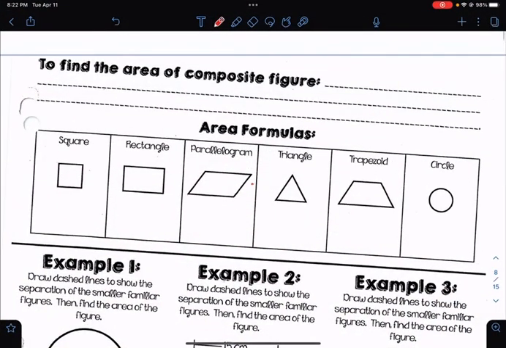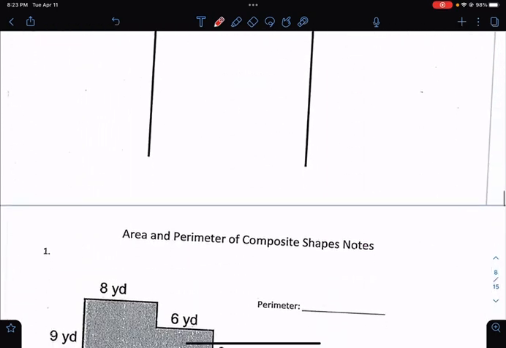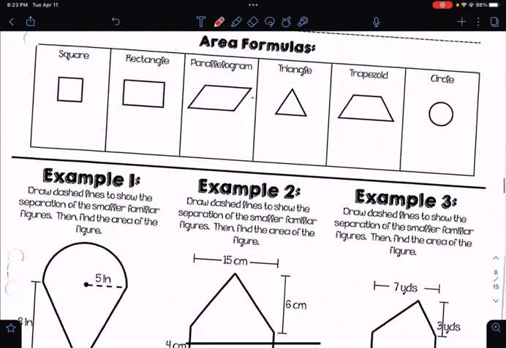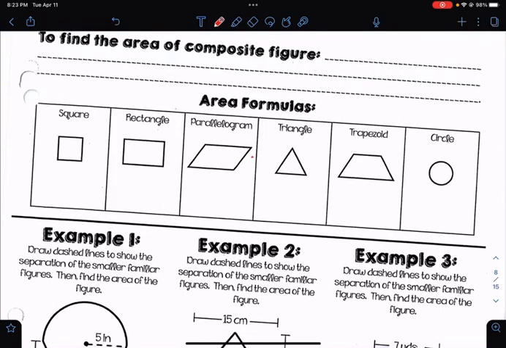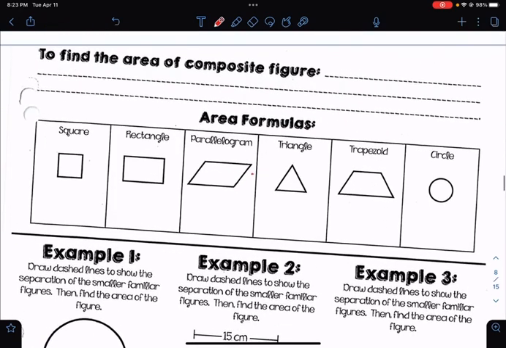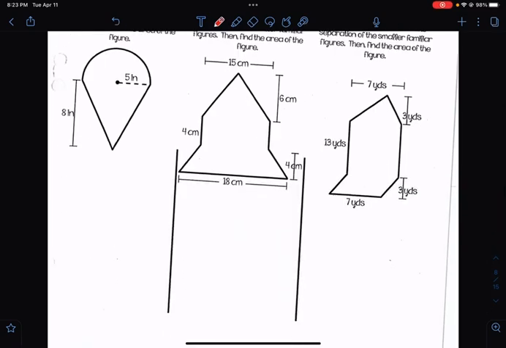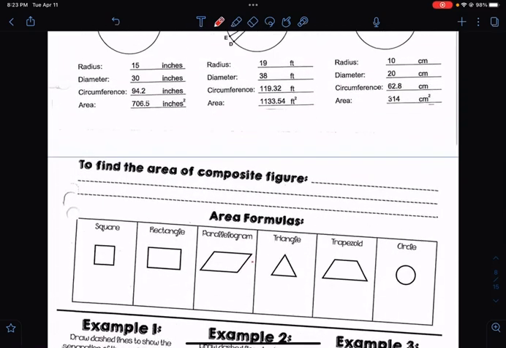All right, we are going to be going through these note sheets, talking about the area and perimeter of composite shapes. So, to review, I want you to have this sheet out. It's got the three examples and the area formulas.